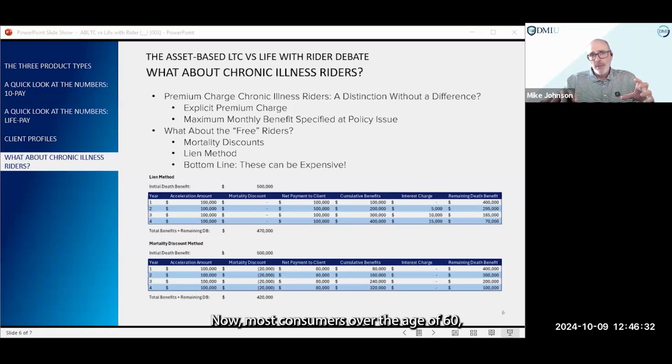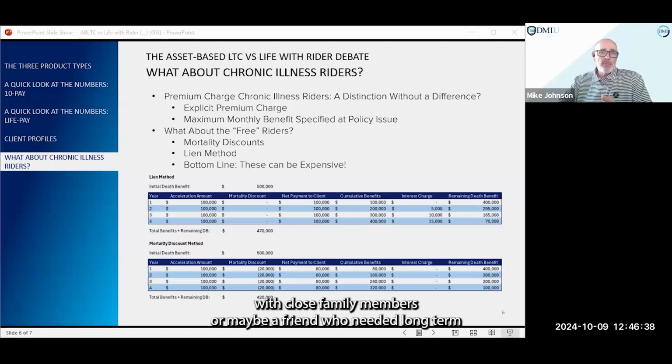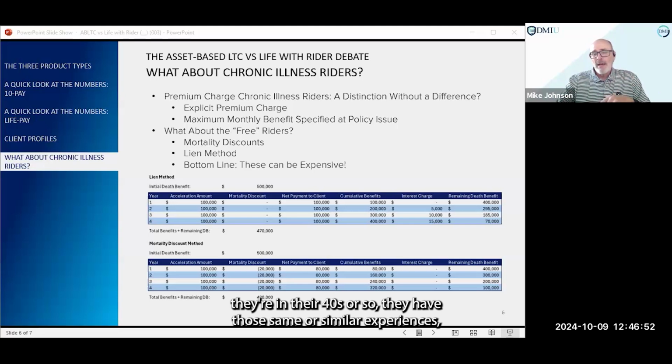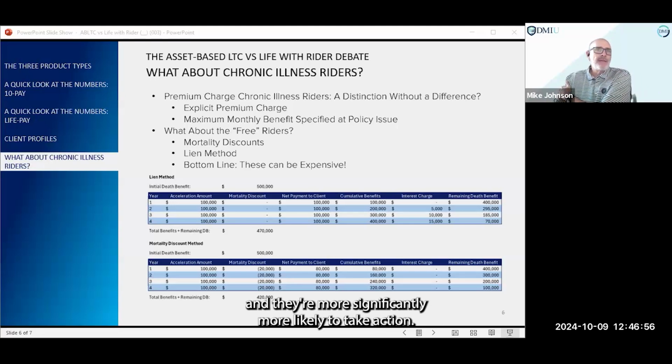Now, most consumers over the age of 60, they say that they've had experiences with close family members or maybe a friend who needed long-term care. That drove them to create a plan for themselves. And with that being said, younger consumers, studies are showing, folks that are right there in their 40s or so, have those same or similar experiences, and they're significantly more likely to take action.